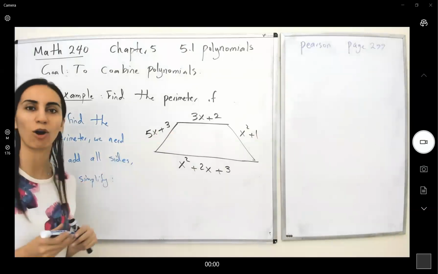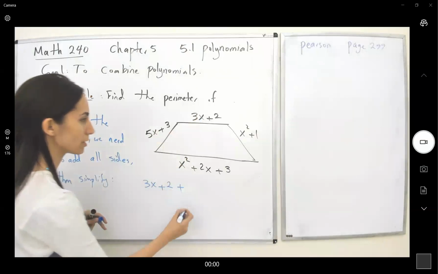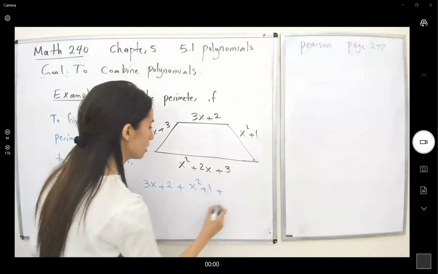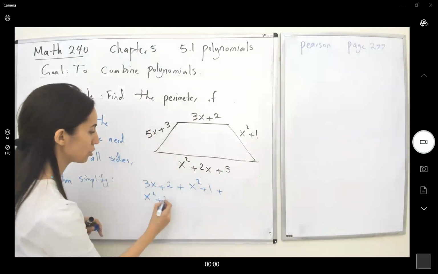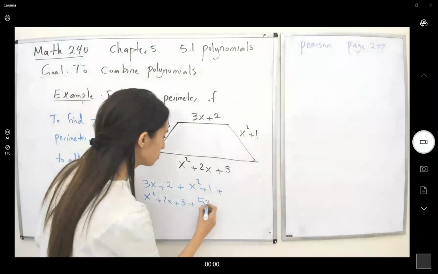So how do you add all sides? The first side, 3x plus 2, plus the second side, x squared plus 1. The third side is x squared plus 2x plus 3. And the last side is 5x plus 3.